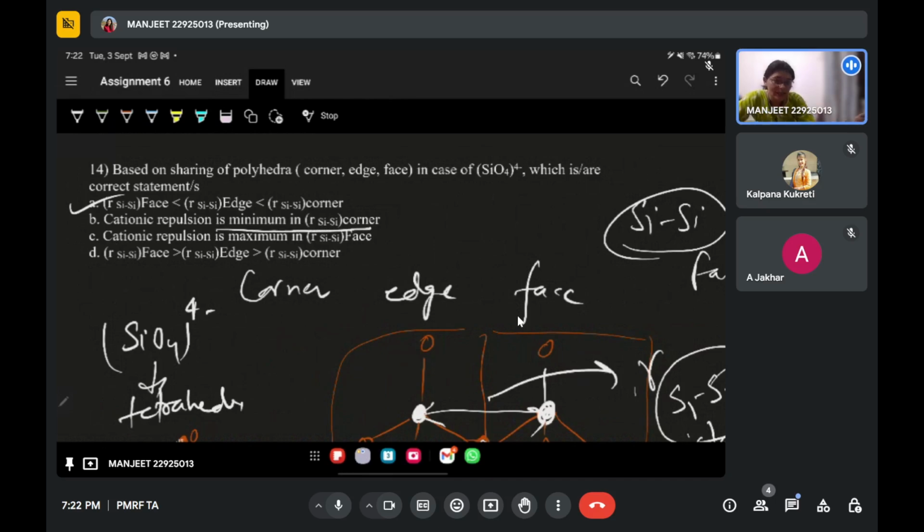Because the distance between the silicon bond in the corner polyhedra is maximum, there will be less repulsion. That is basically less cationic repulsion, because the silicon and silicon are far away.